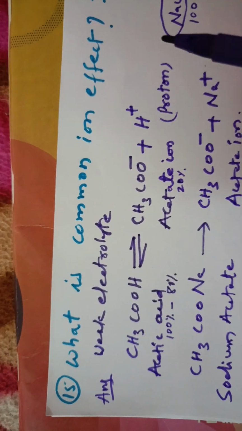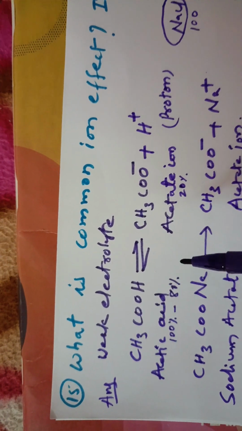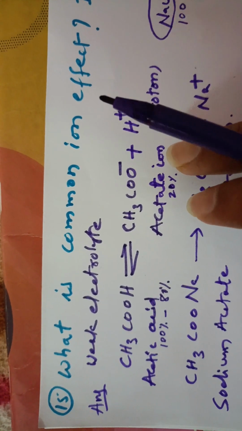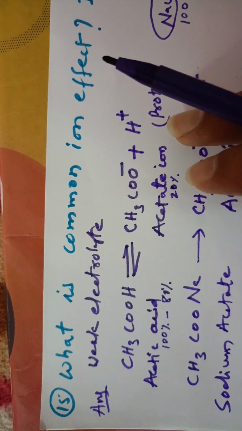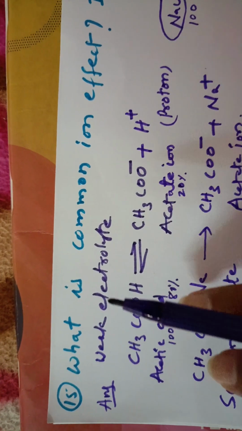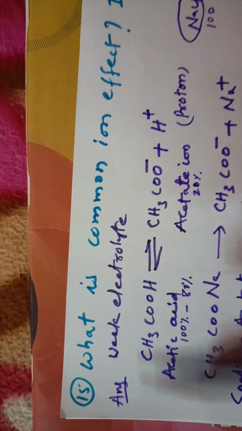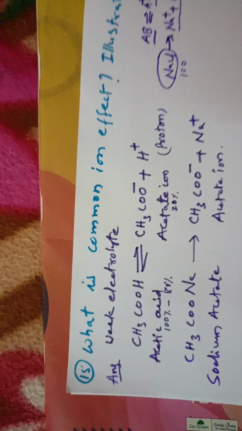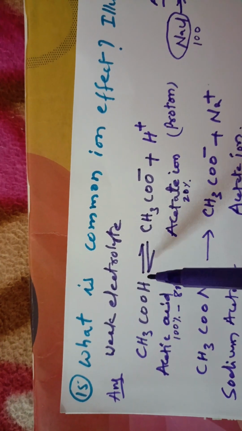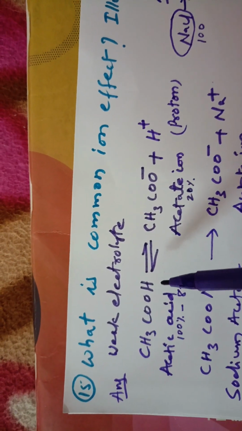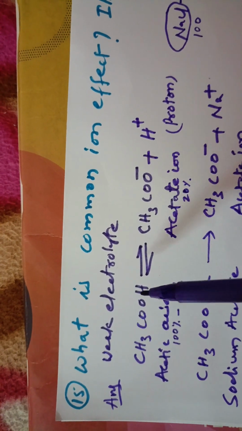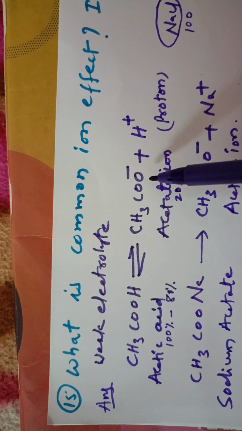I think you understand. Equilibrium means that however many molecules dissociate into ions, at the same time the same number of ions combine and form molecules back. This is the forward reaction, this is the backward reaction. In the forward reaction, molecules dissociate, that means acetate ions are formed.